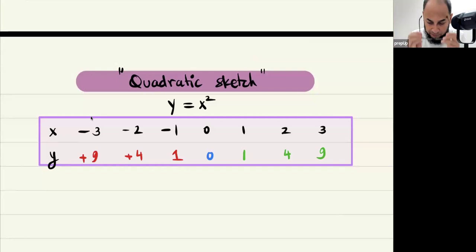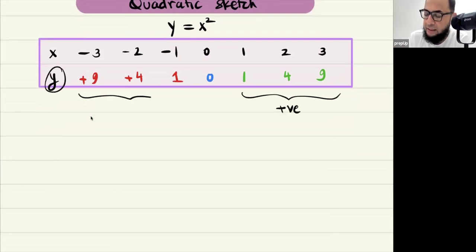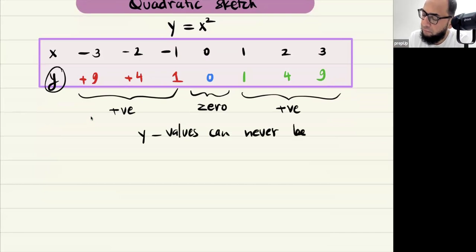So let me write the statement over here. The y values over here, I'm focusing on the y values. These are positive. These y values are positive. This y value is 0. In other words, y values can never be negative because it is squaring.